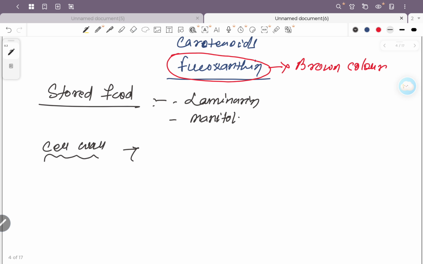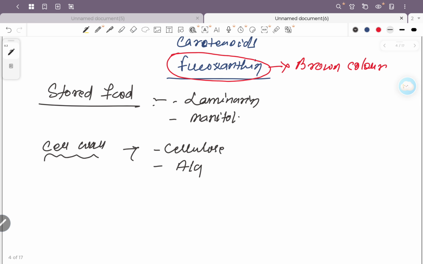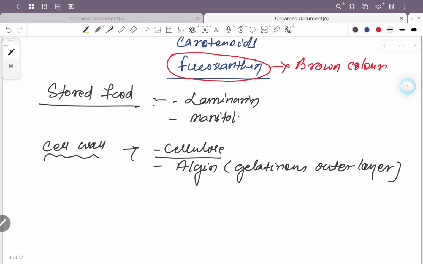The cell wall consists of cellulose and algin, which is the gelatinous outer layer. So cellulose is the inner layer, and algin is the gelatinous outer layer.